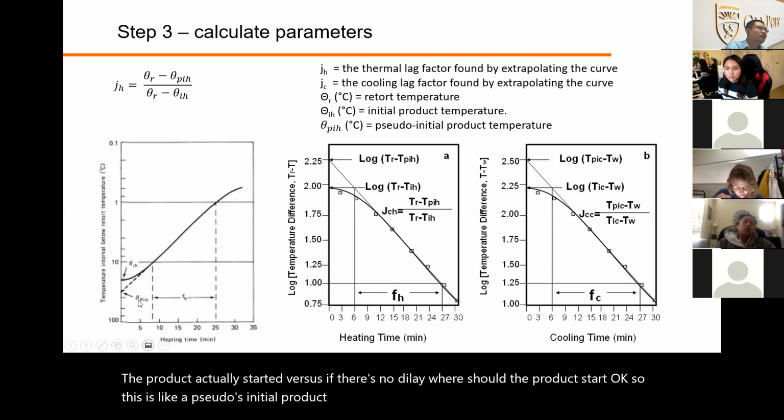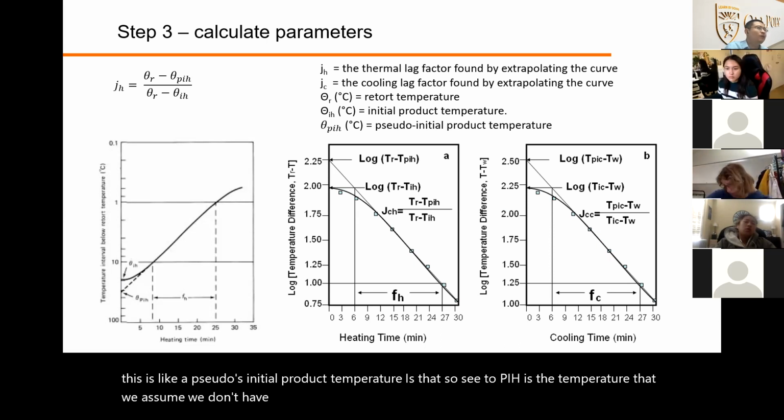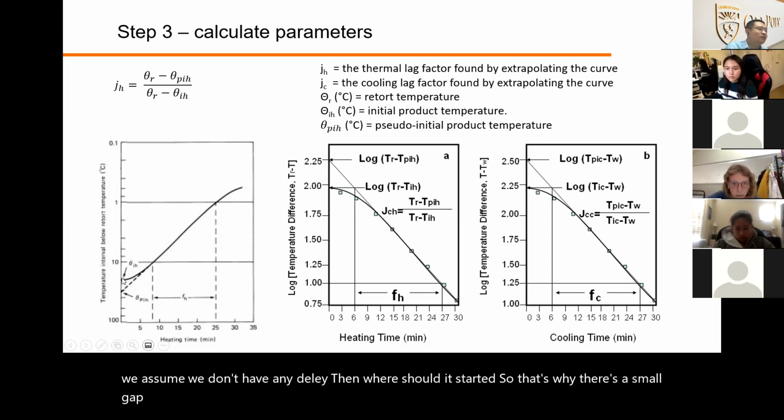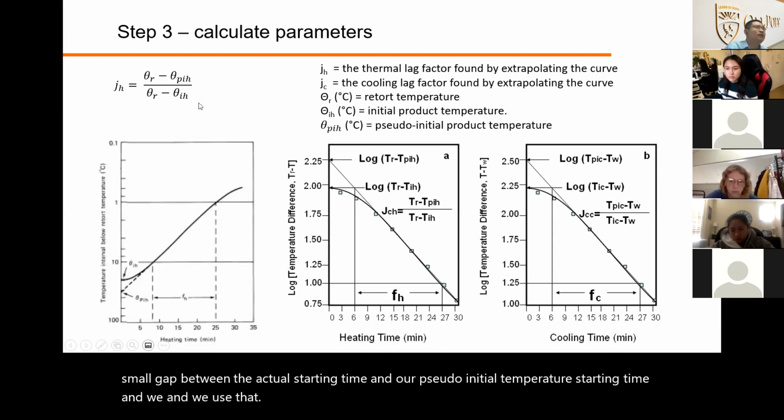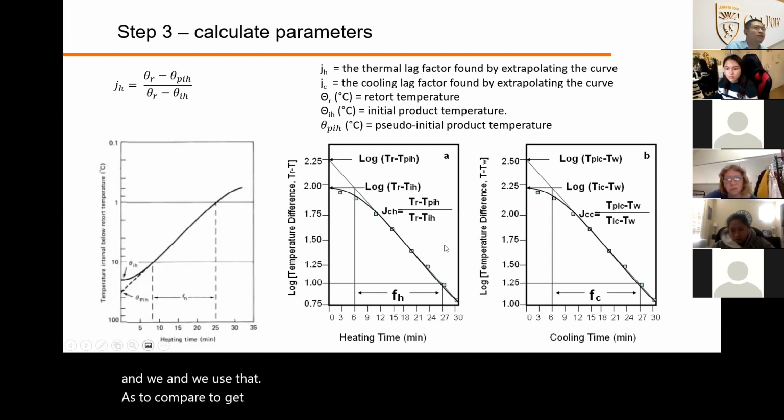Theta PIH is the temperature where we assume we don't have any delay, then where should it have started? That's why there's a small gap between the actual starting time and our pseudo initial temperature starting time. And we use that to compare to get our JH value.